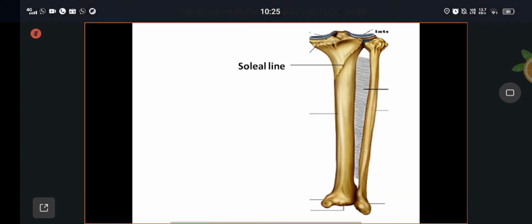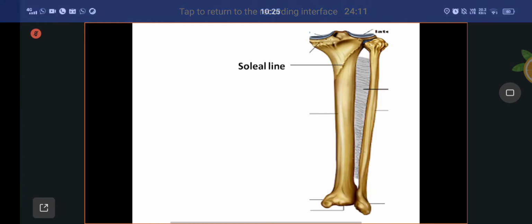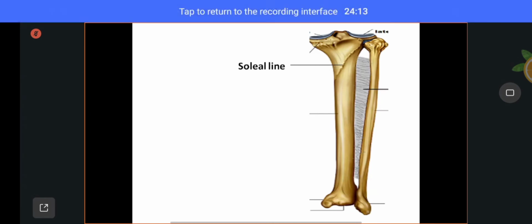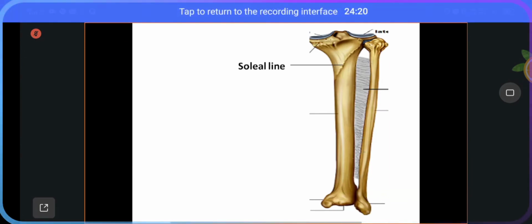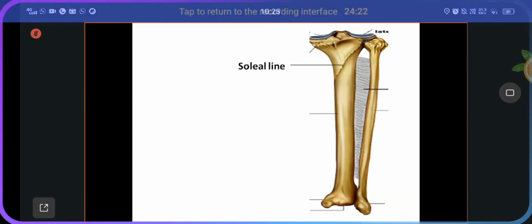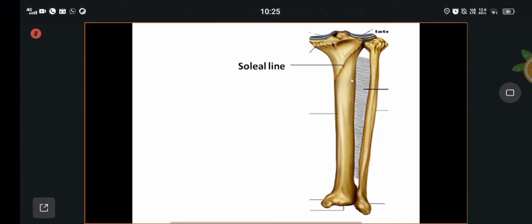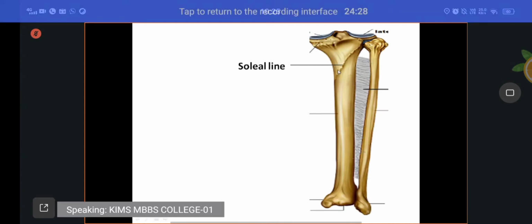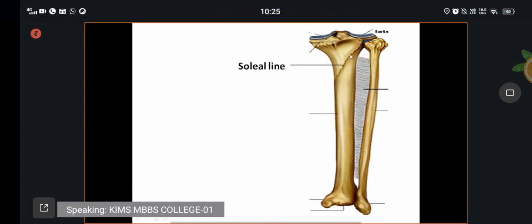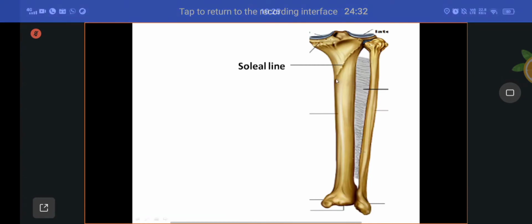The blood flow in the veins is controlled by the contraction of skeletal muscles. In the lower limb, the blood flow in the veins against gravity is because of contractions of the soleus muscle, hence it is called the peripheral heart of the body. That muscle takes origin from this oblique line, hence it is called the soleal line.